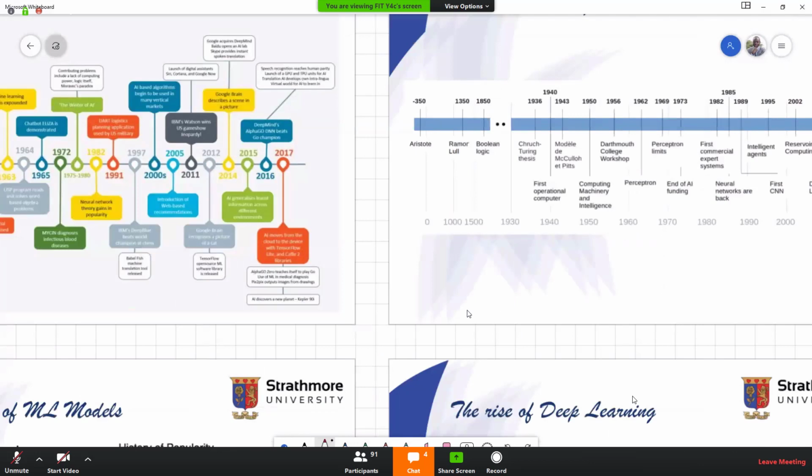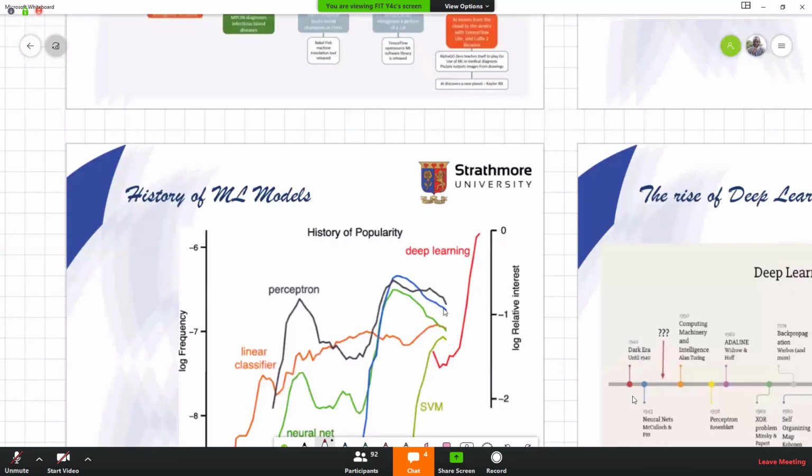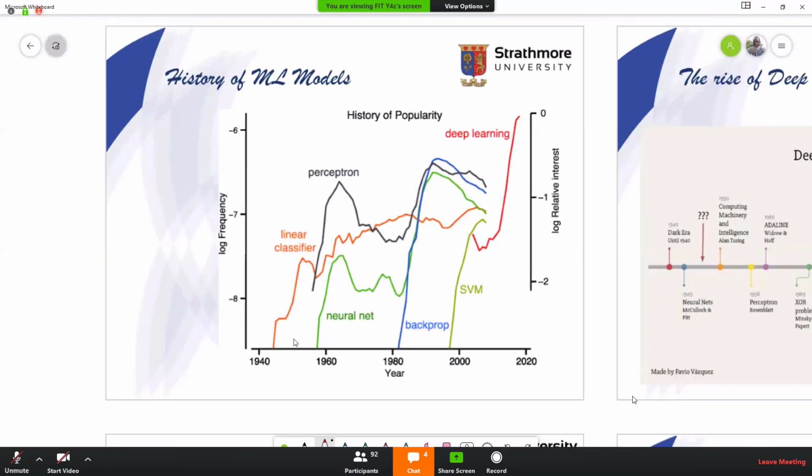Then here we just have, this is arguably the most important slide in this section, history of models. I want you to carefully look at this graph and see how models were emerging and disappearing. When it first started in the 40s, it was linear classifiers that were the talk of town.